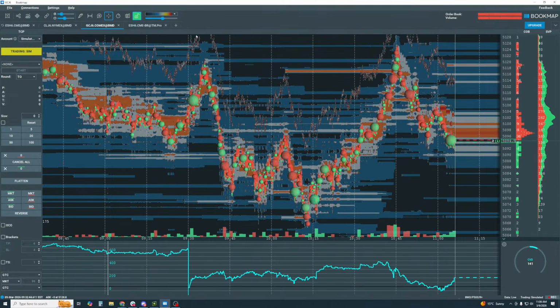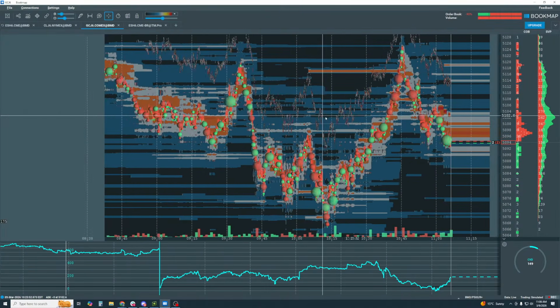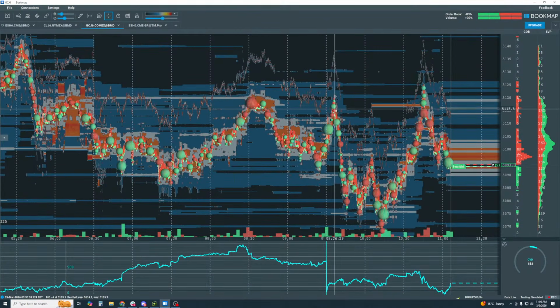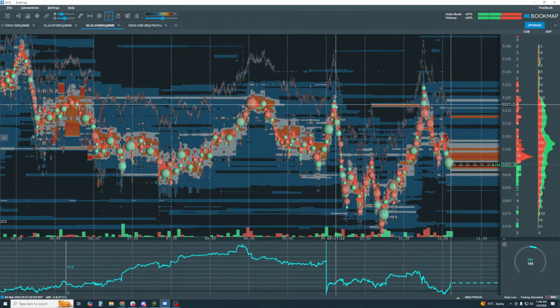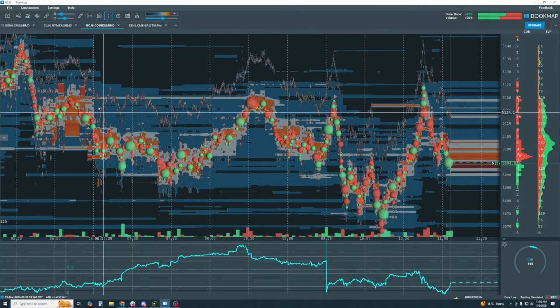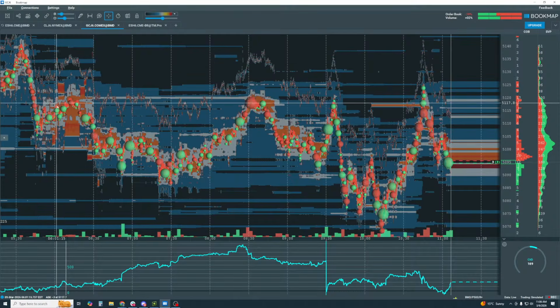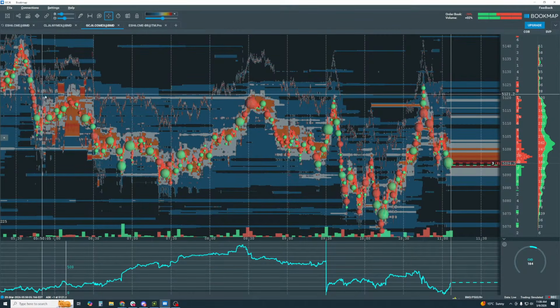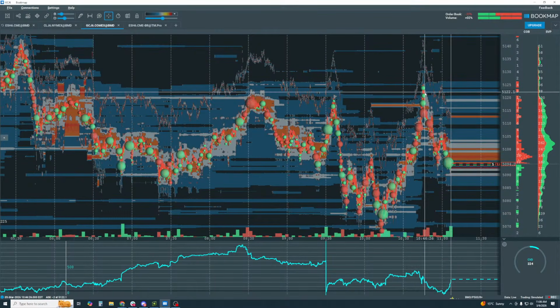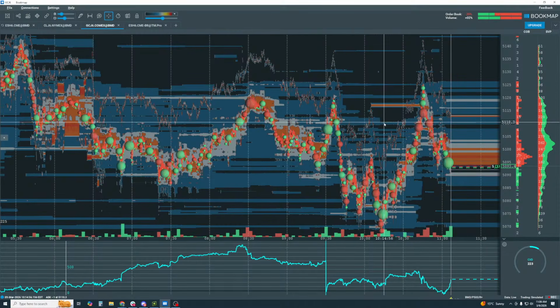But anyway, let's jump over here to gold and see what's happening. Again, I don't have the higher time frame analysis in here in gold, but you see the move down here, and we've remained below this 5120, and we just spiked above it, and then are back down into the range here.